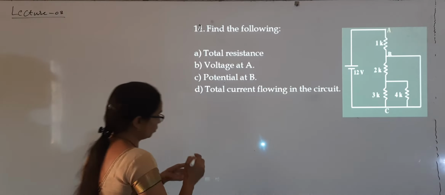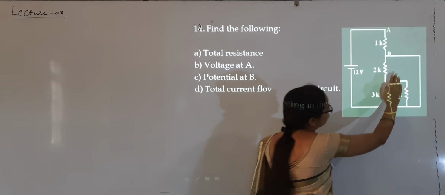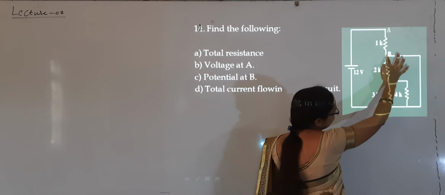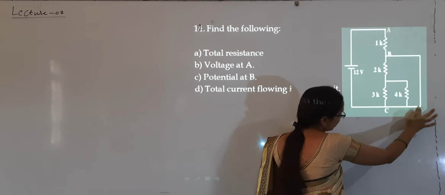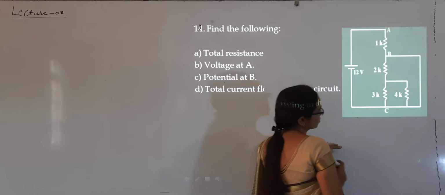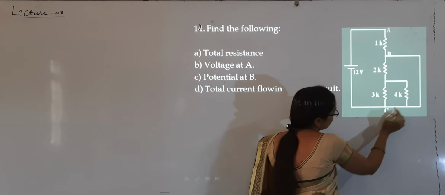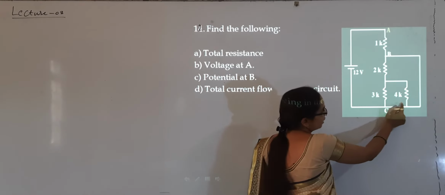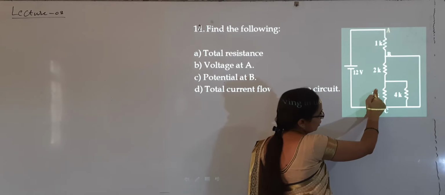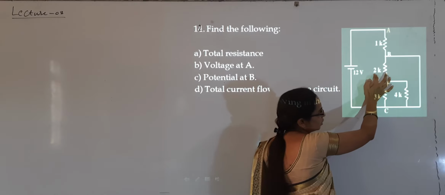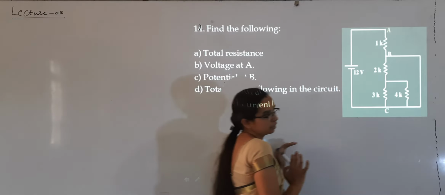In this circuit, if you do not consider this, then here they have shorted it, observe this. If it is not shorted, you might have paralleled 3 kilo ohm and 4 kilo ohm, and the effective resistance of these two will be added to 2 kilo plus 1 kilo.